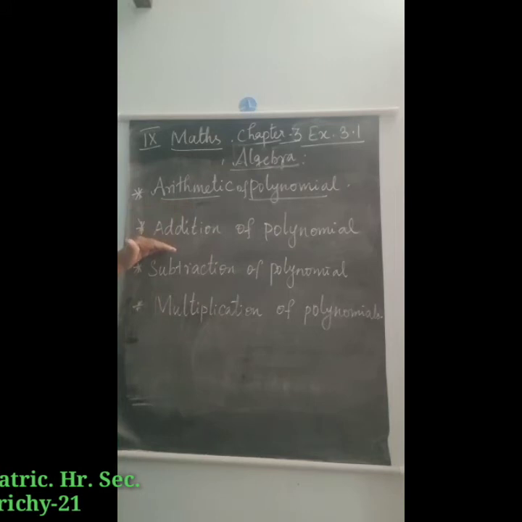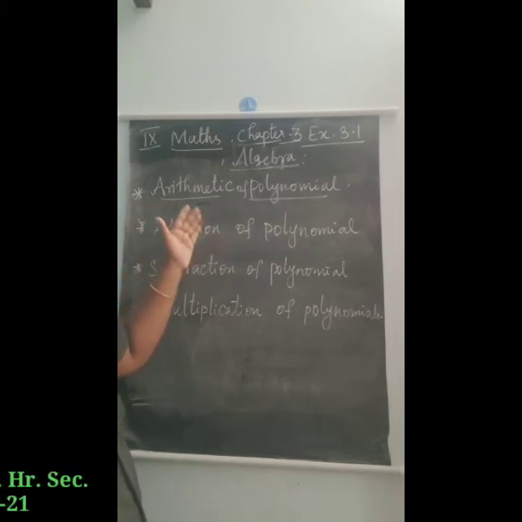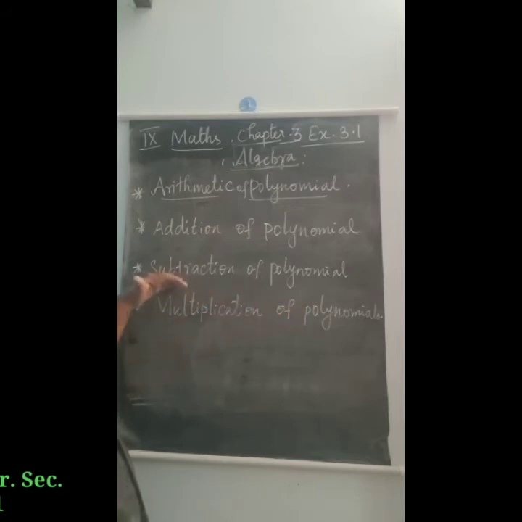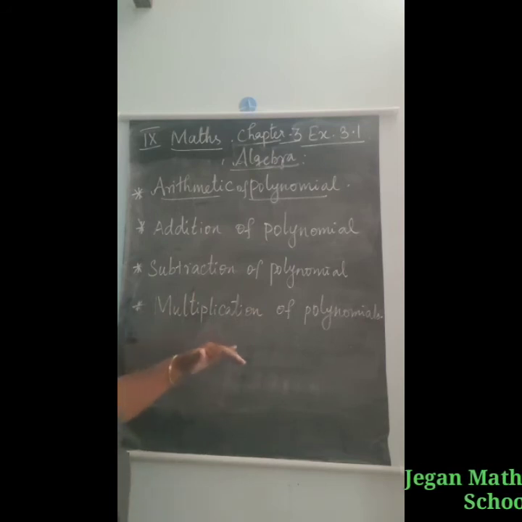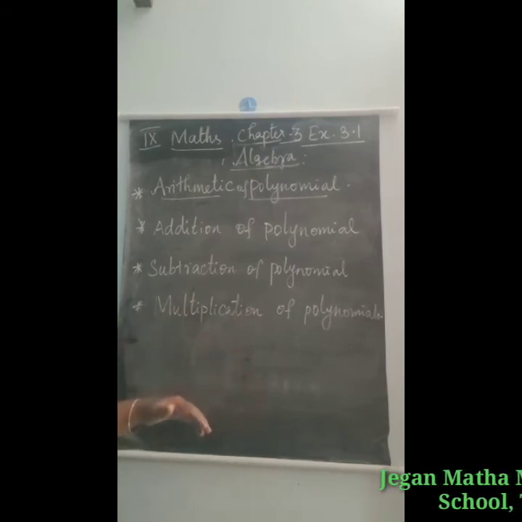Addition means only like terms can be added, but the unlike terms give a new polynomial. For subtraction, only like terms can be subtracted and unlike terms give a new polynomial. And the fourth one is multiplication of polynomial.